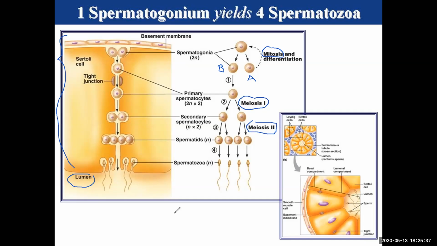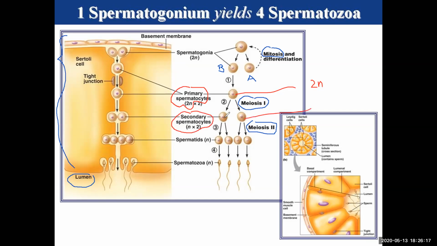What is important is you start out with one diploid cell, 2N, the primary spermatocyte, undergoing the first meiosis, producing two secondary spermatocytes. Each one is a haploid.